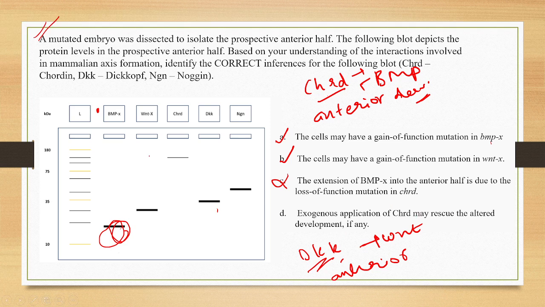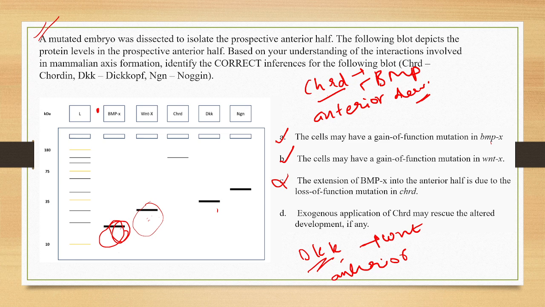Likewise, exogenous application of chordin may rescue the altered development. Can it rescue? No. Why can it not rescue? Just like DKK could not inhibit Wnt-X. You can see here, even though there is high expression of DKK, it is unable to inhibit Wnt-X because there has been a mutation in Wnt-X in such a way that now it is under uncontrolled development. So similarly, even if you are giving chordin exogenously, it cannot help in inhibiting BMP because now BMP has been mutated.